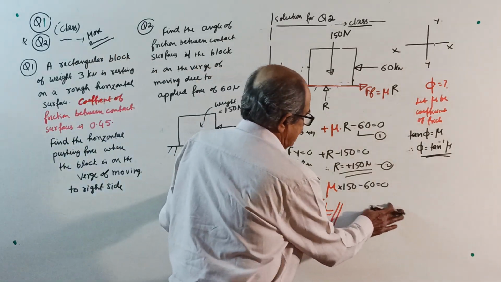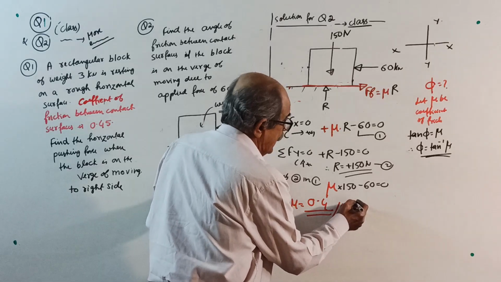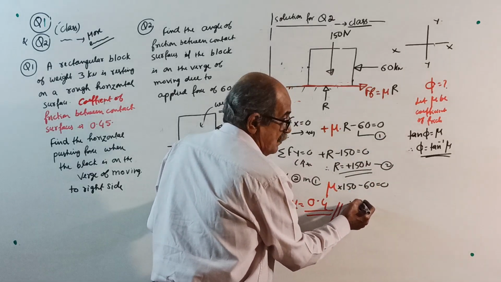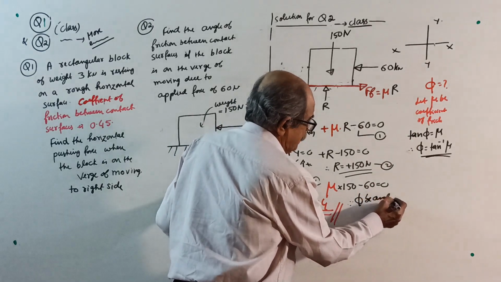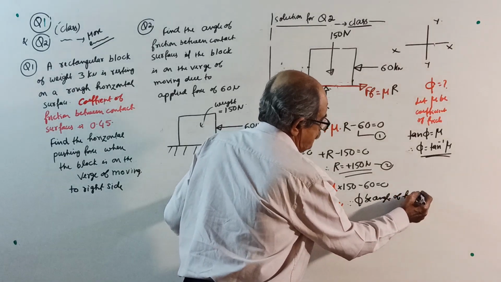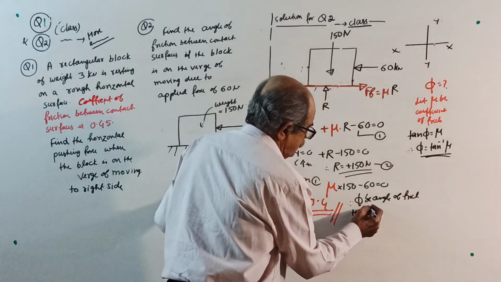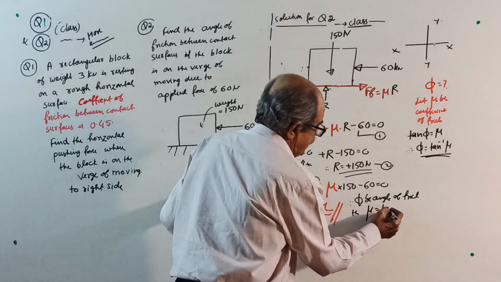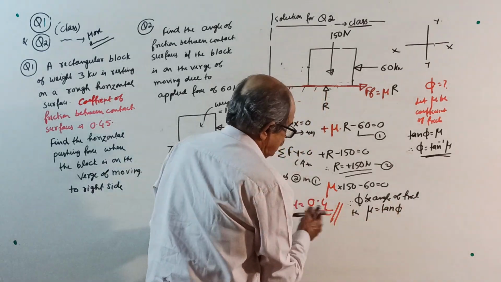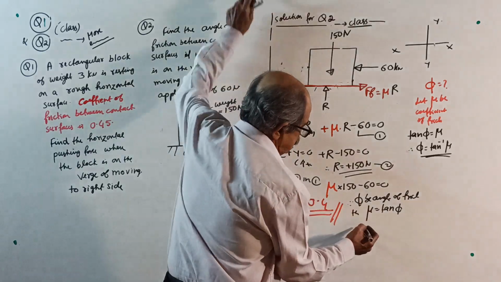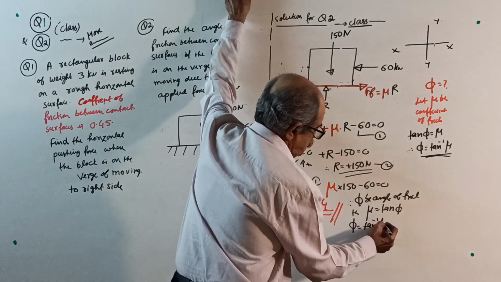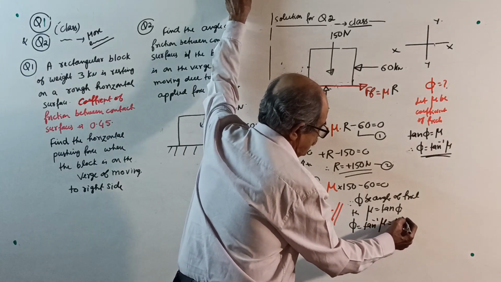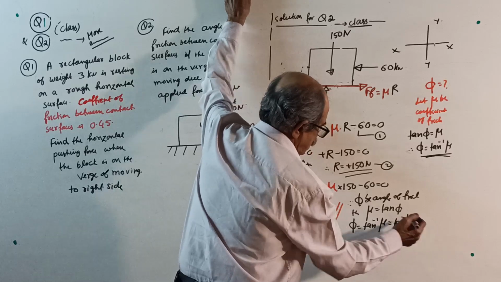Let phi be the angle of friction. Then we know that mu equal to tan phi, or phi equal to tan inverse mu, equal to tan inverse of 0.4.